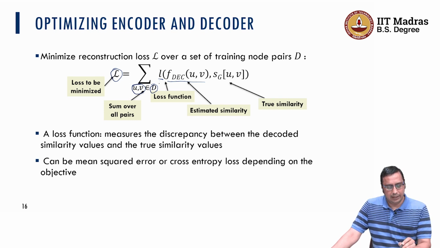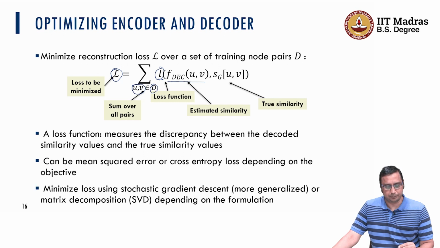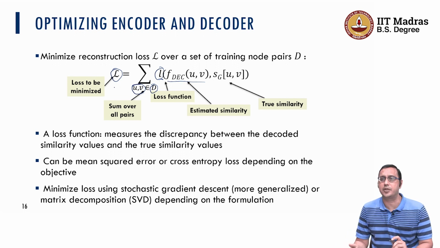This particular loss function can be a squared error or cross entropy loss, depending on the objective and what kind of output we are interested in producing. Typically, we do not solve this optimization problem by hand. We have to use standard algorithms.